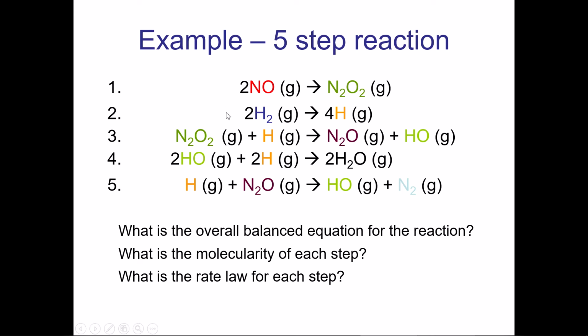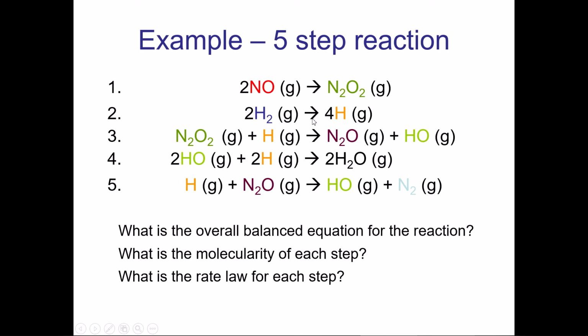Alright, second step, we have 2H2 producing 4 H's. Now if we look at what's actually happening here, I don't need two H2 molecules to collide to produce all 4 of these H's. One H2 molecule can produce H's. Alright, so the coefficients here can be simplified.